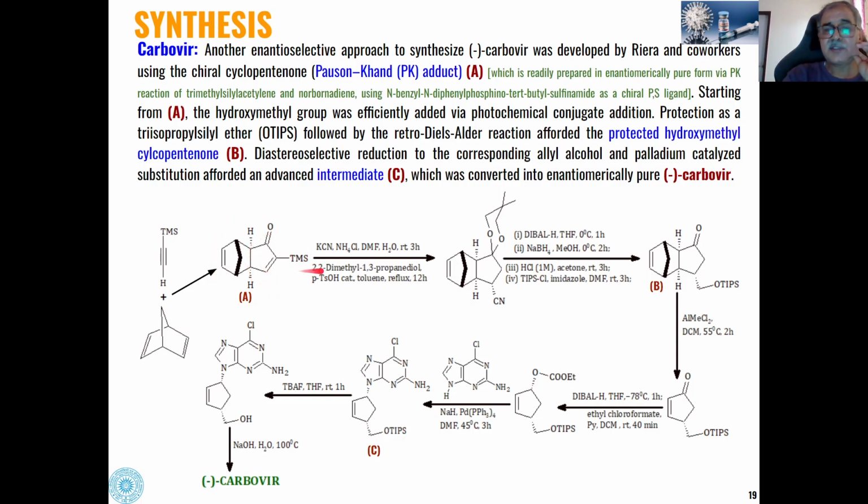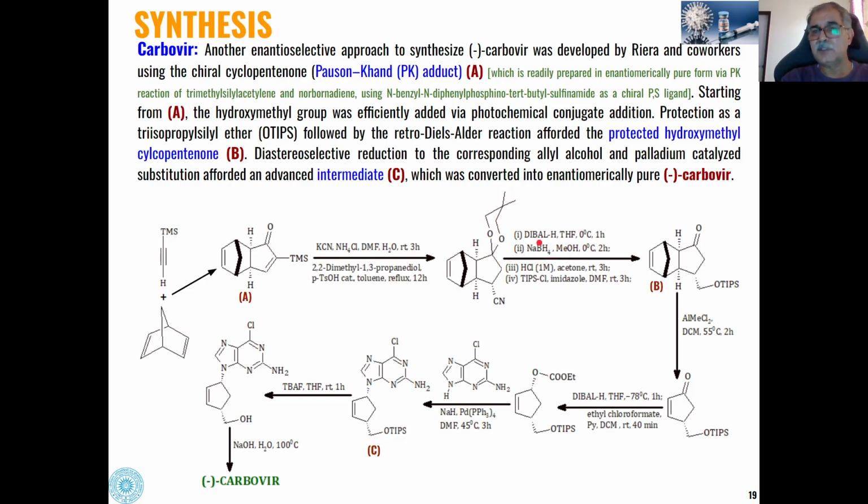When this adduct is reacted under these conditions in presence of KCN, ammonium chloride, DMF, followed by reaction with 2,2-dimethyl-1,3-propane diol, then protection of this keto group will take place. KCN will add to this double bond, cyanide will be formed, and protection of this ketone through 2,2-dimethyl-1,3-propane diol will take place.